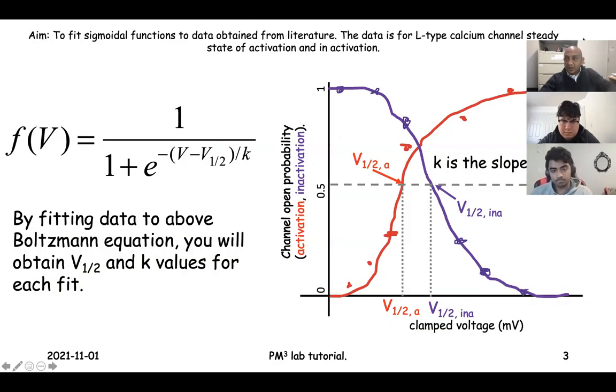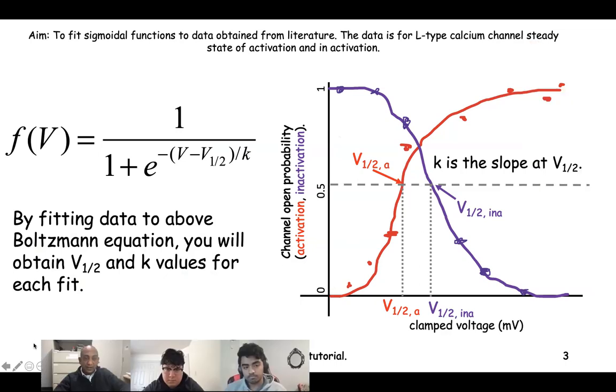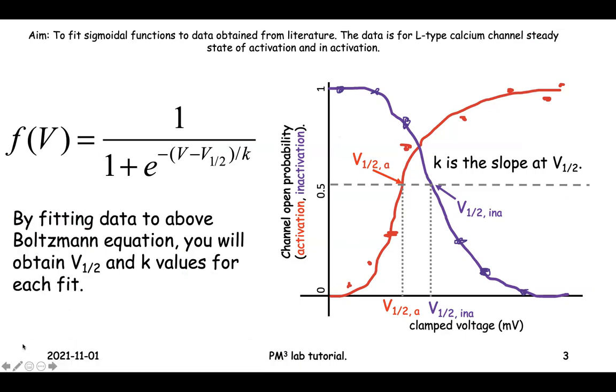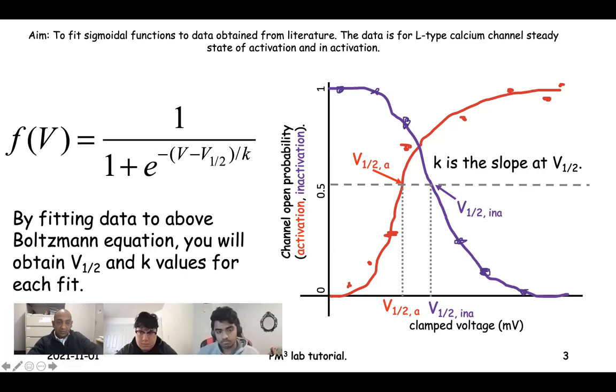To start, this slide illustrates what a sigmoidal function looks like. We should all practice what the sigmoidal function looks like. The graphs of activation curves and inactivation curves are drawn on the right-hand side.